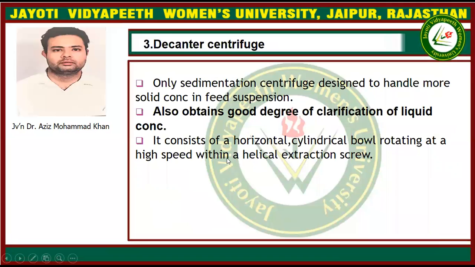The next type of centrifuge is the decanter centrifuge. This is a sedimentation centrifuge designed for the separation of compounds, and it is also used for a high degree of clarification of liquids.